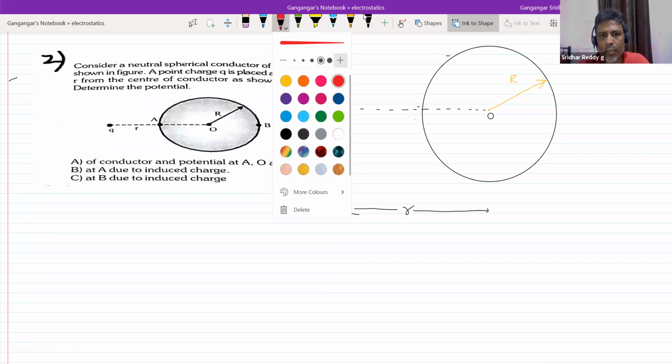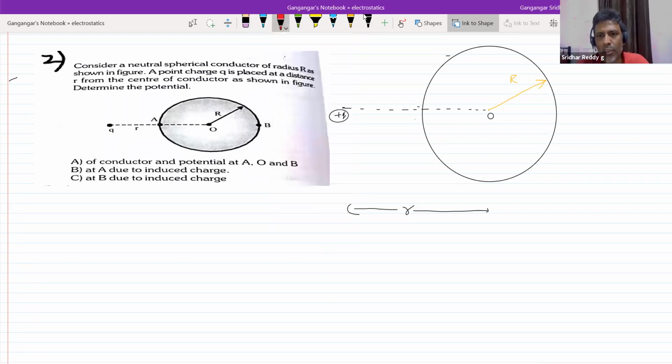So how should the induced charge be? It should be non-uniform. Show it in such a way that it is non-uniform. So here it should be positive. Okay, fine.